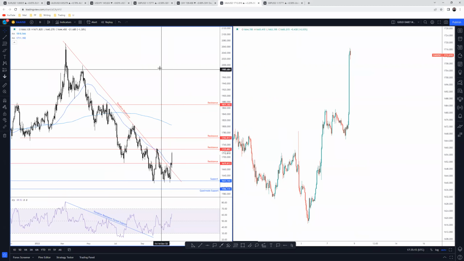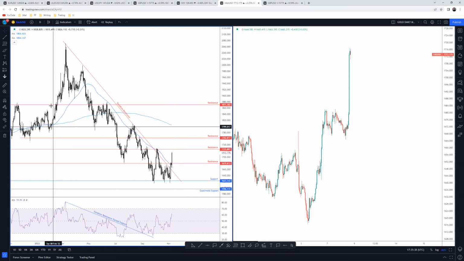You'll be able to see the gold chart on TradingView. I just want to know I'm not talking to myself while you see a blank screen. Support team, can you let me know? Just bear with me, guys.